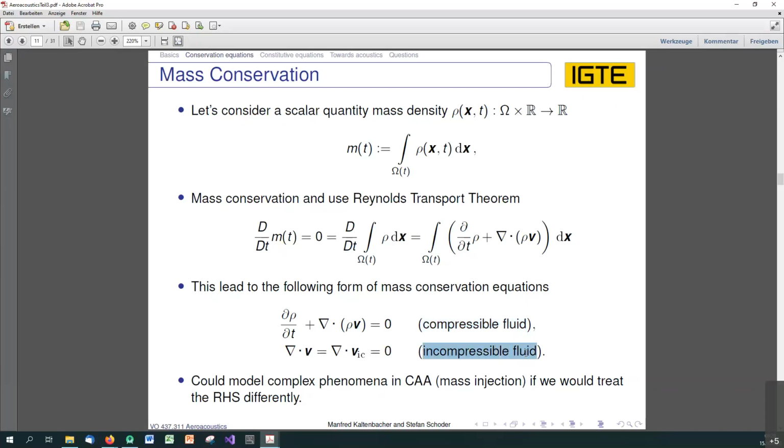So the incompressible fluid is just a mathematical concept which holds for Mach numbers below 0.3, and it assumes that we have infinite speed of sound, which is very unphysical because it also means that we have an infinite information velocity.